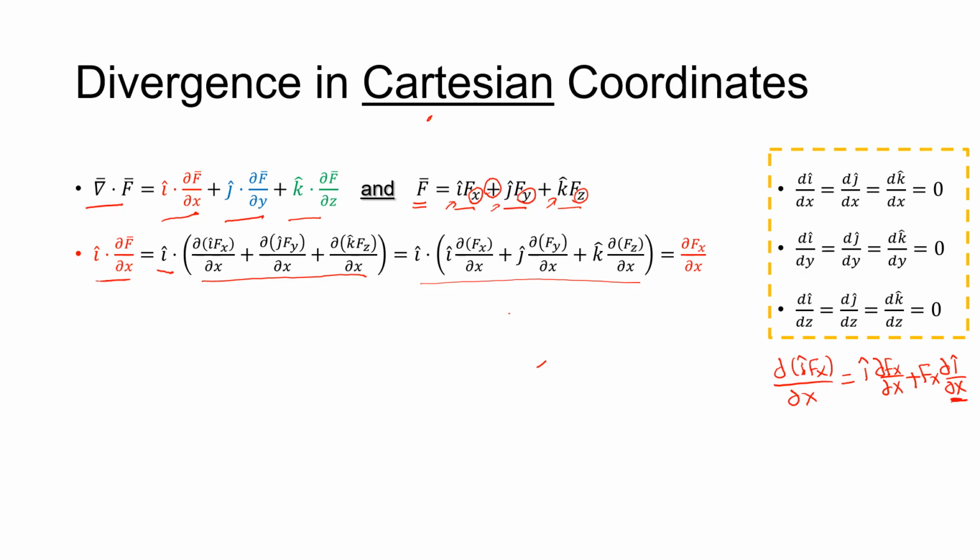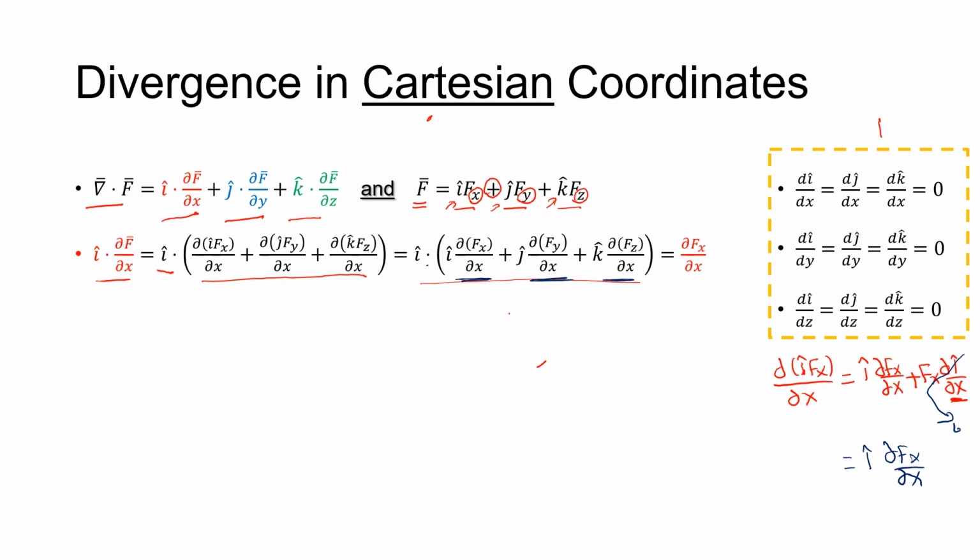We have explained previously the derivative of the unit vectors, so you can just refer to this table here, but if you want more information, you can refer to the other video about the derivative of coordinate system unit vectors. So this part will reduce to 0, then this will equal i partial fx by partial x, and this is what you can find here, and you can repeat for the other coordinate systems.